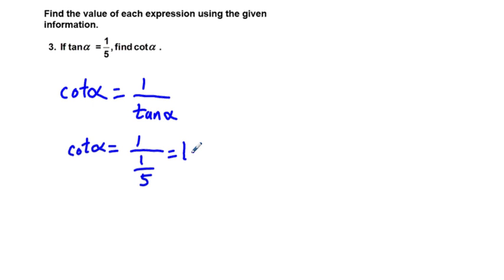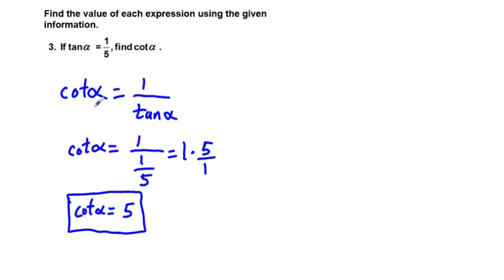Again, we're dividing by a fraction, which is the same as multiplying by its reciprocal, so we multiply by 5 over 1. Everything cancels, and cotangent alpha is equal to 5. That's our answer.